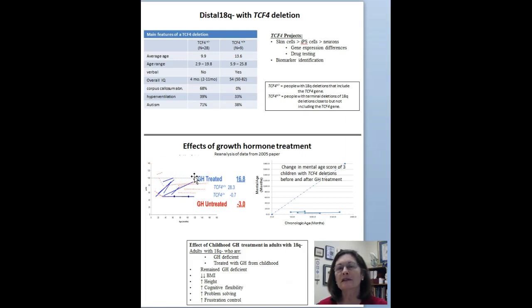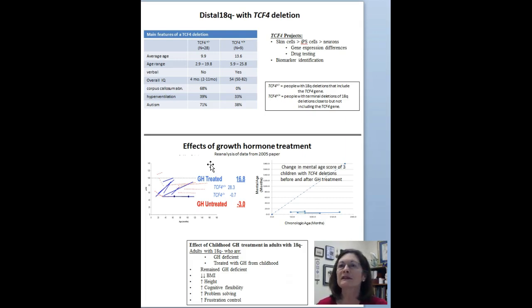So a line sloping down would indicate that the person is not keeping up with their peers developmentally, and so falling farther behind. They're not losing skills, they're just not keeping up with normal development. And lines that go up would be people catching up and developing skills faster than a typical person of their age.